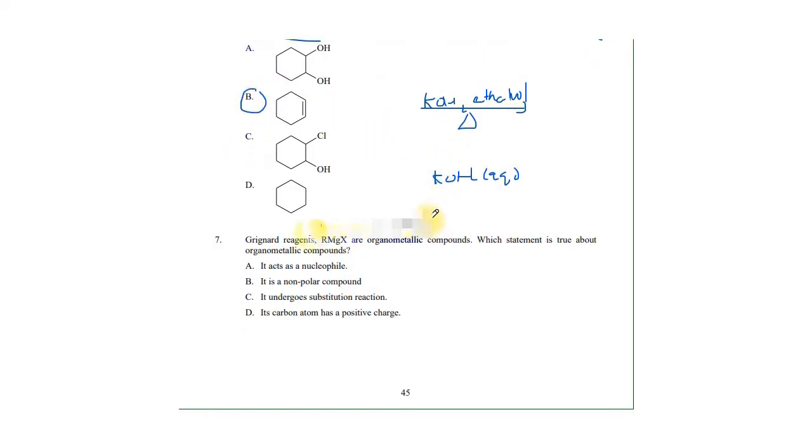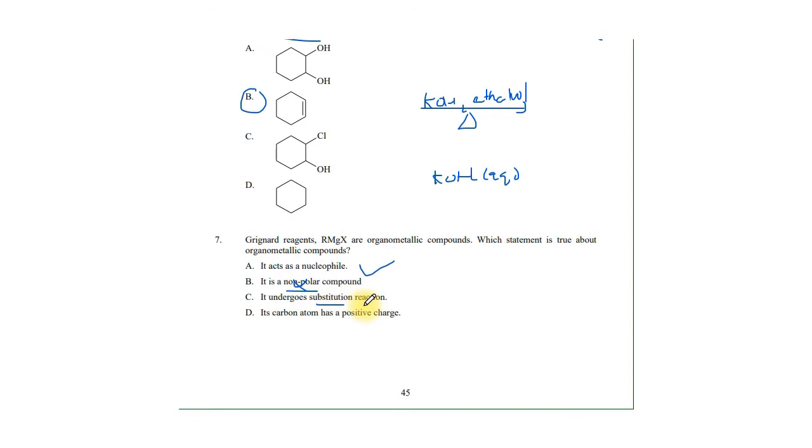Okay, number 7, Grignard reagent. This is a famous question because the Grignard reagent is very useful. It can form alkane, primary, secondary, tertiary alcohol, and carboxylic acid. So which statement is true about the organometallic compound? Based on here, yes, it is a nucleophile, very obvious. Is it polar? Yes. And then does it undergo substitution reaction? Not really.